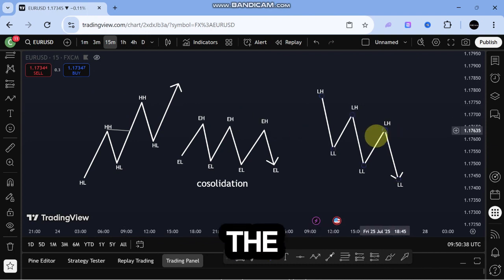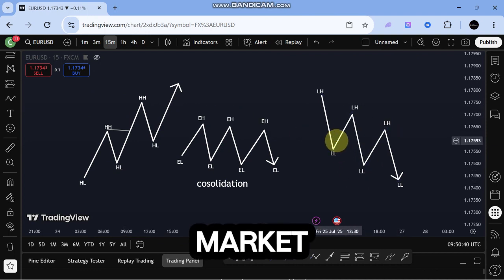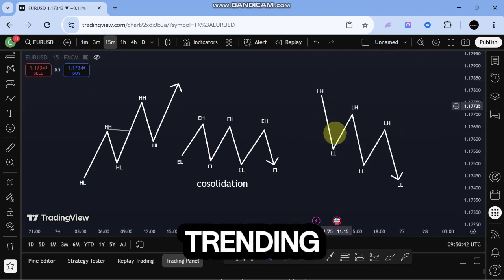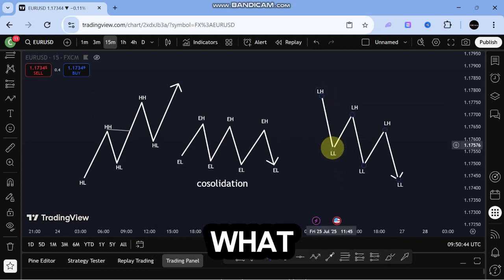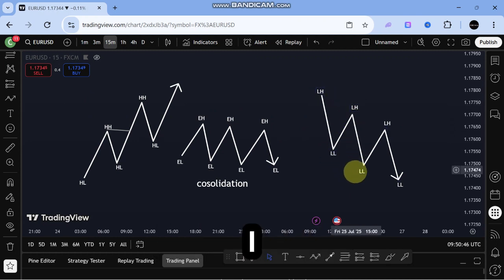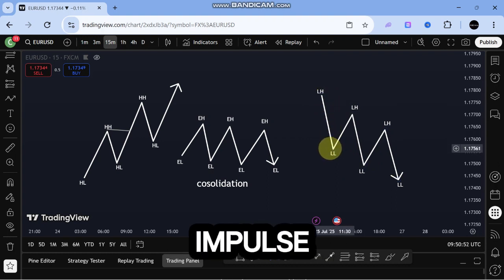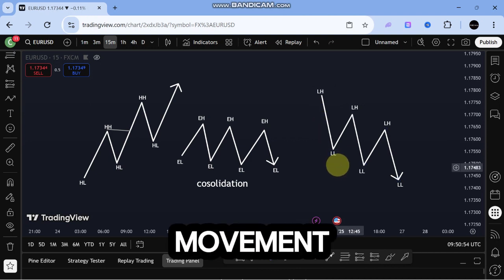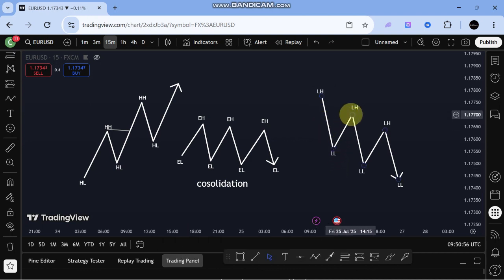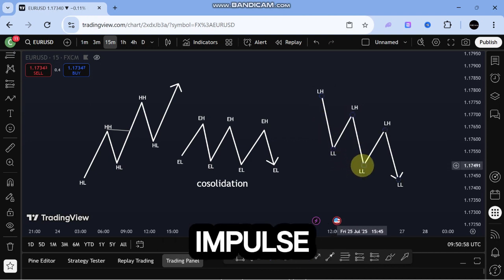Then for the bearish market, a bearish market is a market that is trending downwards and makes a series of lower lows and lower highs. This downward movement right here is what we call impulse movement to the downside. There is a little correction that creates this lower high, then another impulse movement.